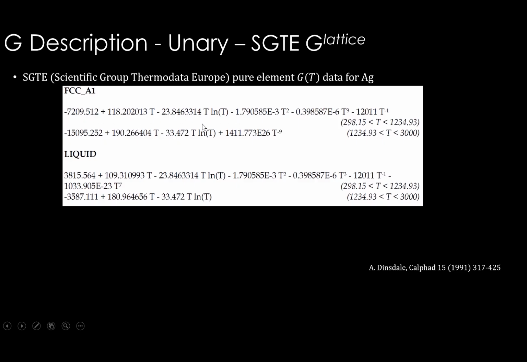So that is what you are seeing here, and this entire thing is true for a temperature range from 298 till 1234. This is the temperature range over which this first expression is valid, and from this temperature onwards till 3000 we have the second expression. Similarly, for liquid we have two different expressions for two different temperature ranges.